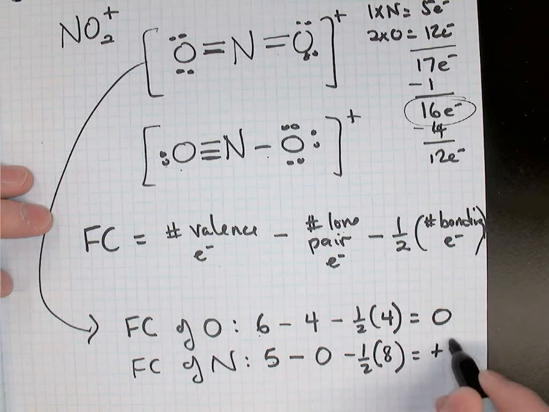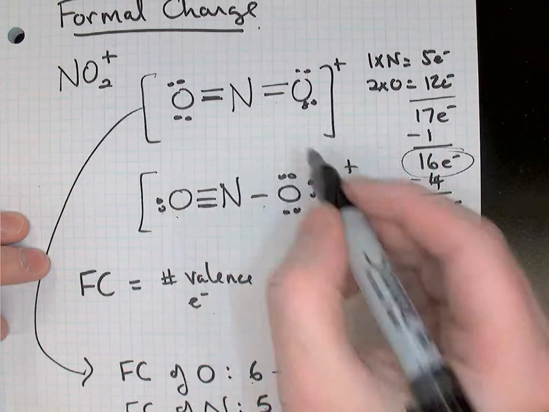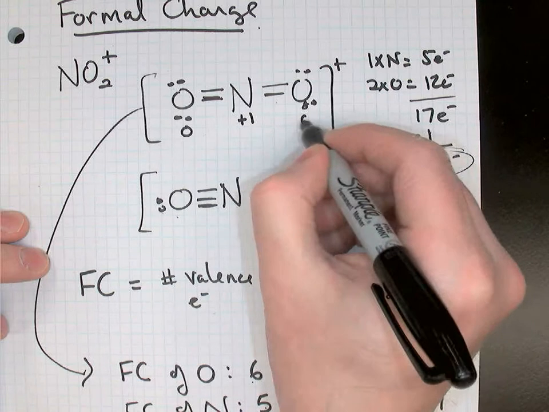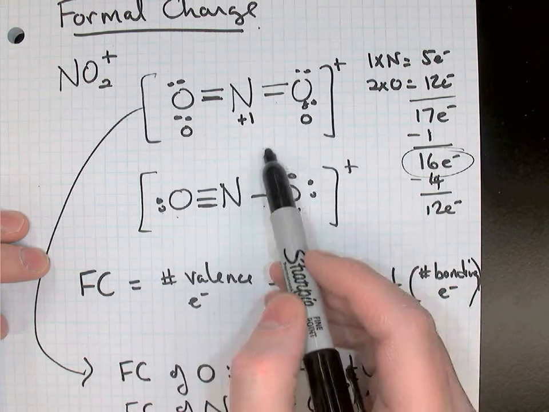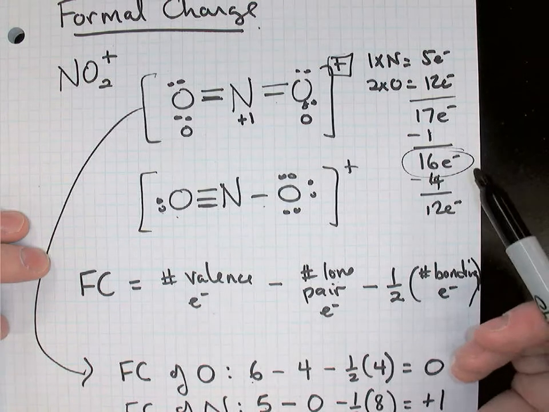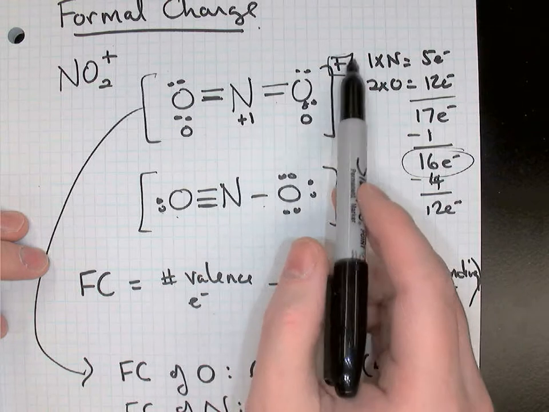So notice when we put these formal charges beside the atoms, the nitrogen here is plus 1, the oxygens are both 0. Notice that the total of the formal charges in the molecule equals the charge outside. So that has to be true. The sum of the formal charges must equal the charge out here that was on the ion.